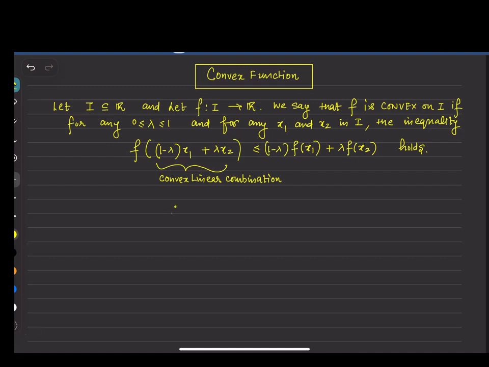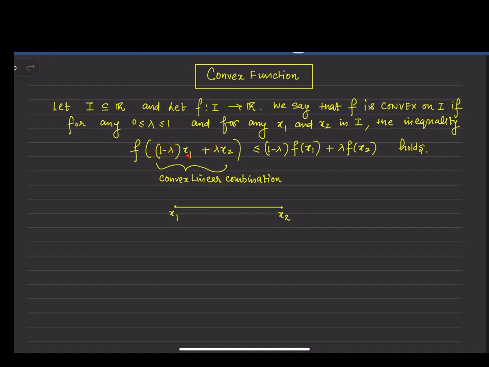That means if I have a point x1 and a point x2, and I want to travel on the line segment joining x1 and x2, the expression that can help me go to each and every point on this line segment is this expression. If you put lambda equals half, this expression is 1 by 2, and so is this one.